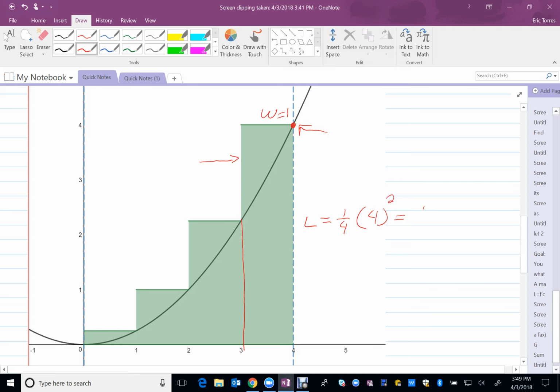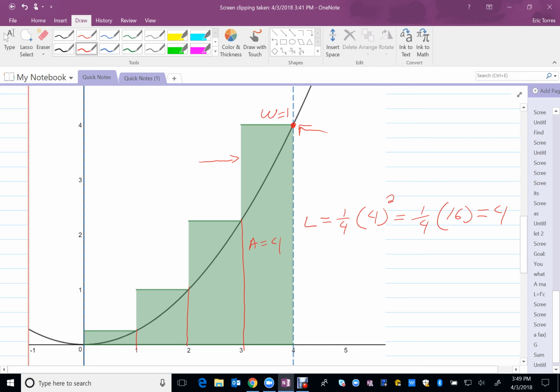So what do we have? 1/4, 4 squared is 16, and times 1/4 is 4. So this rectangle has a width of 1 and a height of 4, so the area of this one rectangle is 4.